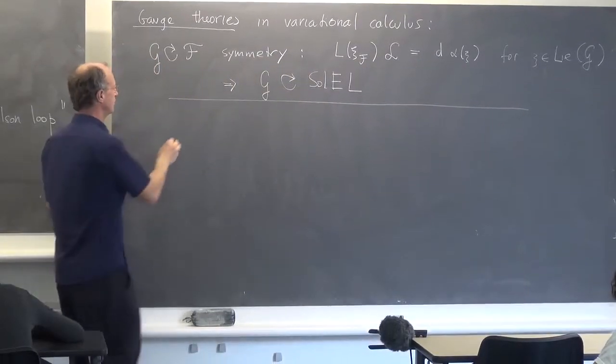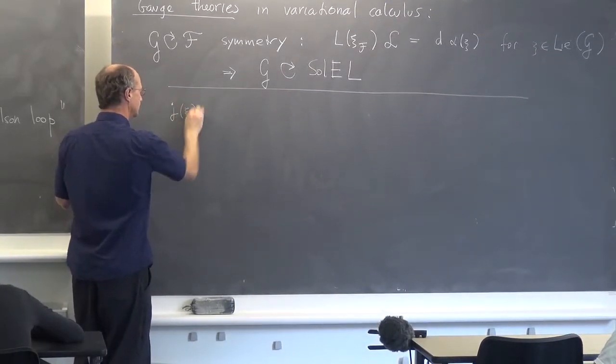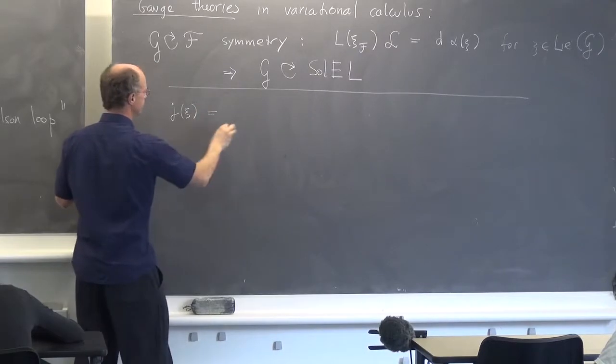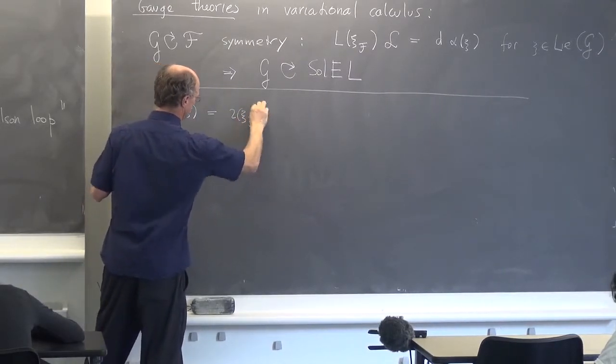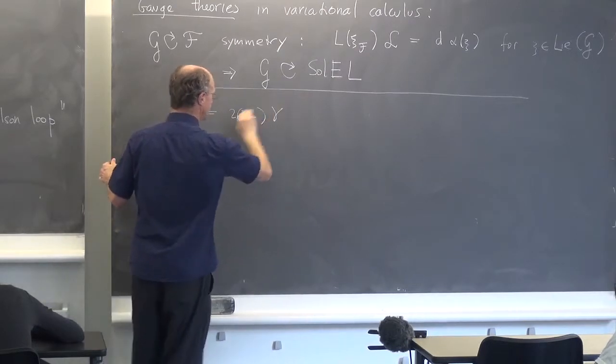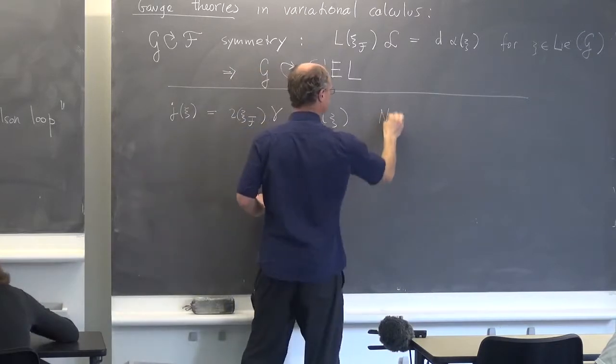Now let me also recall that we have Noether currents, which are defined as iota psi f gamma plus alpha of psi.